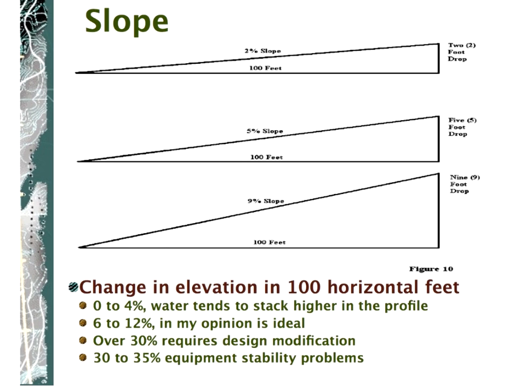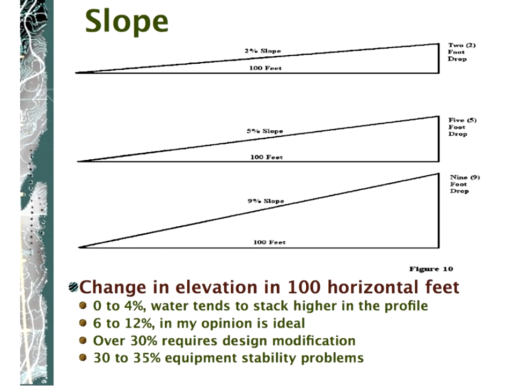Okay, slope. When you've got very little slope, the water tends to stack, or build up higher in the profile of the soil, because you don't have the slope to carry it down. If you've got a small slope, 6 to 12%, in David's opinion you've got an ideal condition because the water goes down and away from the drain field, downhill.